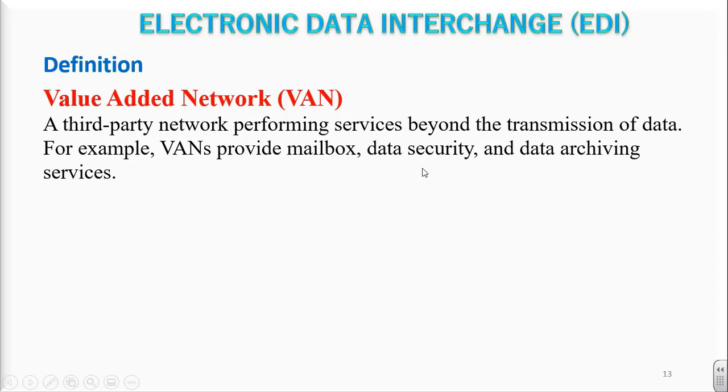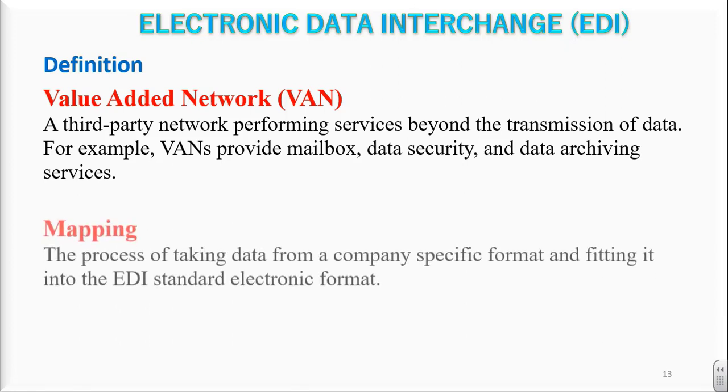It provides data security. It provides data archiving services. So all these things, mailbox, data security and data archiving services, are provided by the intermediary. More value has been added to this particular network. That is why we call this a value added network.